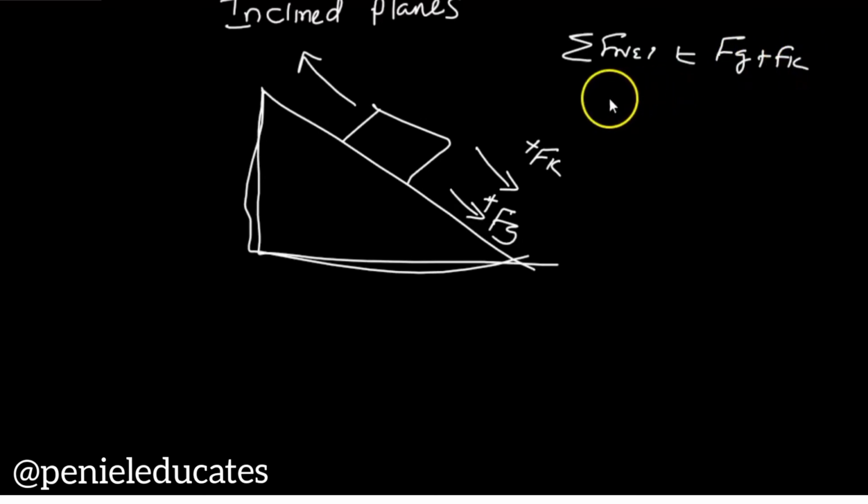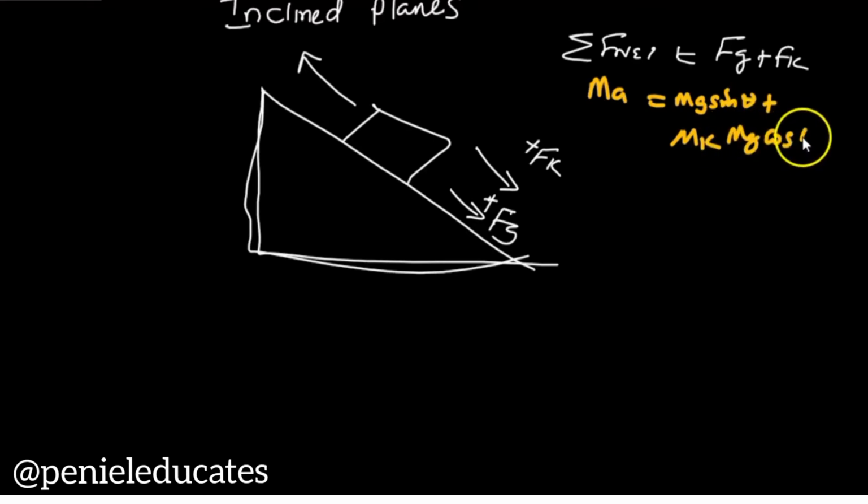By the time you work that out, this particular one is Ma. Then Fg is mg sine theta, plus Fk, which is mu k, the coefficient of friction, times mg cos theta.